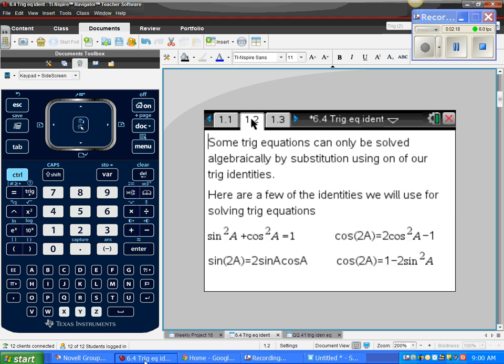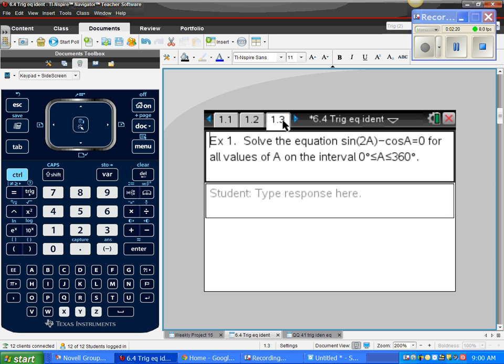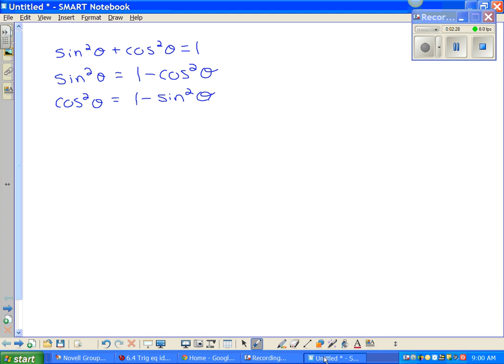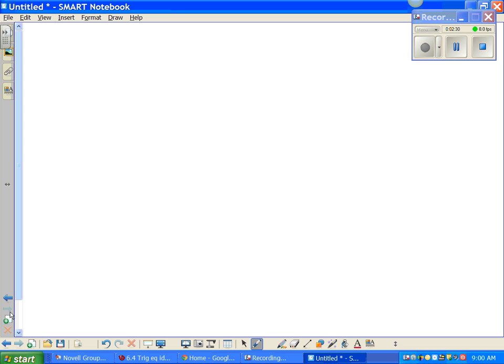Okay, so let's take a look at the first one. Sine 2a minus cosine a equals 0, and we're on the interval from 0 to 360. I want to solve this. What's the first thing that you notice?